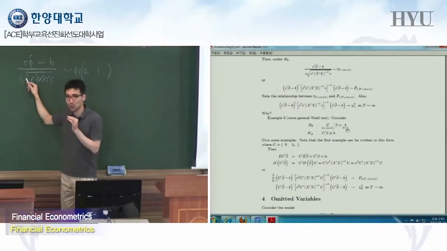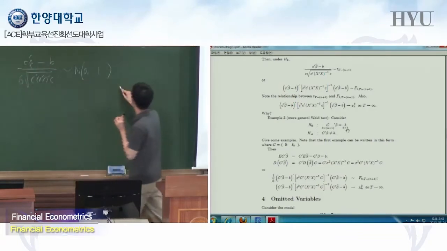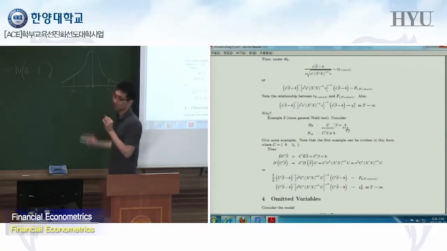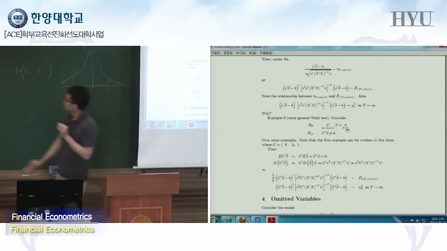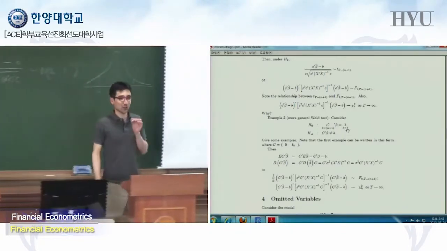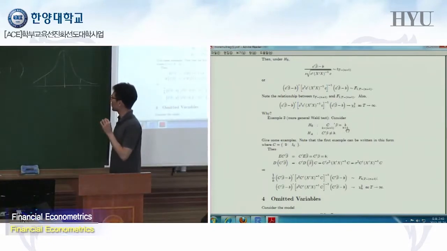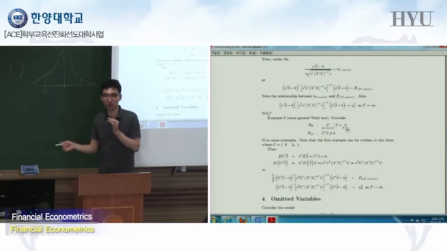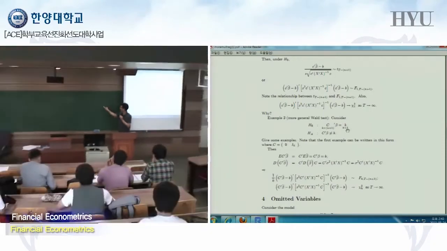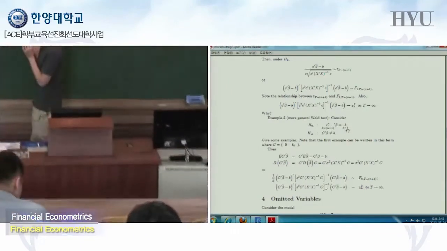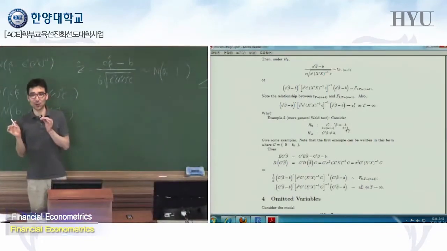And from the standard normal distribution, suppose the critical values are minus 2 and 2, and let's say this value is z hat. As we usually do, if z hat is between this area, we cannot reject the null hypothesis. But if z is in either of these tails, we reject the null hypothesis. Okay, this is clear until now, right?